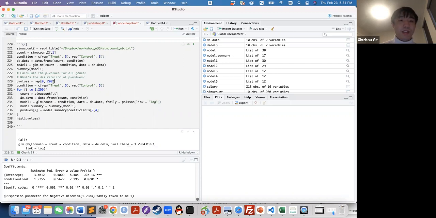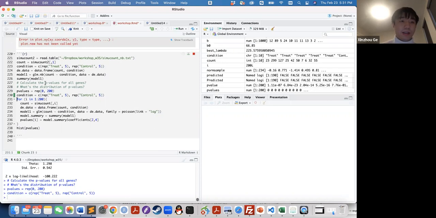First, generate a vector of 200 p-values, and then for each gene, we get the count of the X gene, and we get the data frame and use glm.nb to run the negative binomial regression on that data set. And then for that gene, we save the p-value from this negative binomial model.